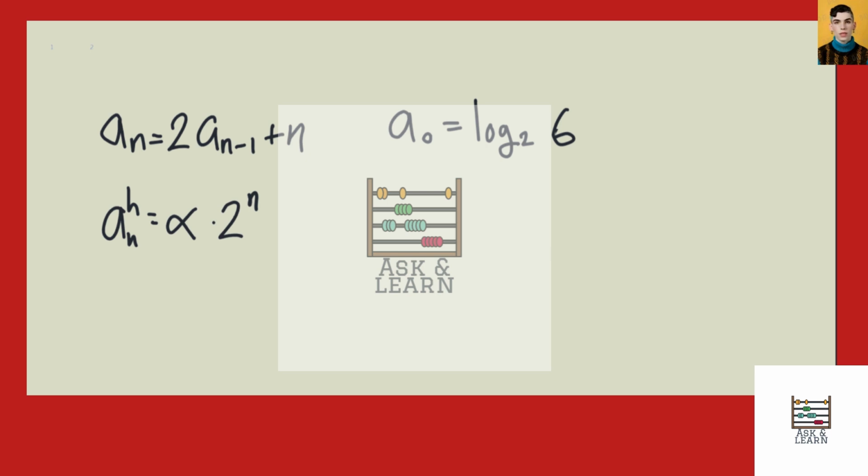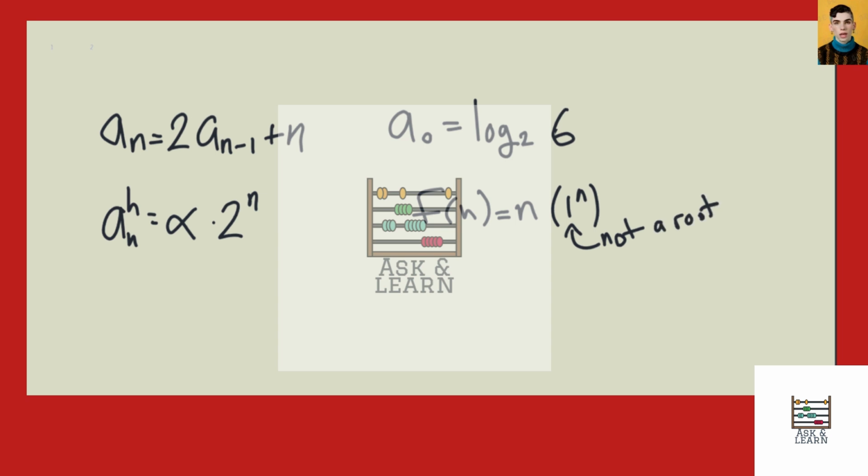And then we want to move on to the particular solution. In this case, our function is just equal to n, which is the same as n multiplied by 1 to the power of n, and 1 is not a root.